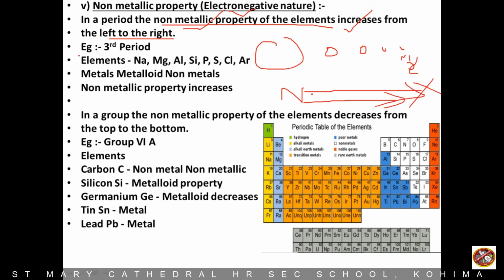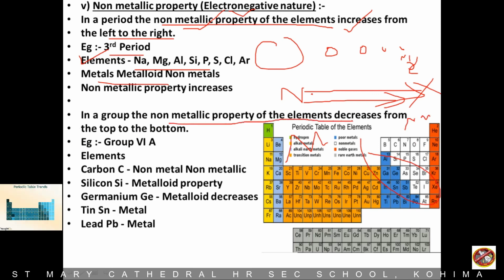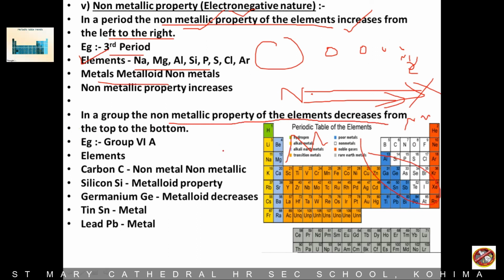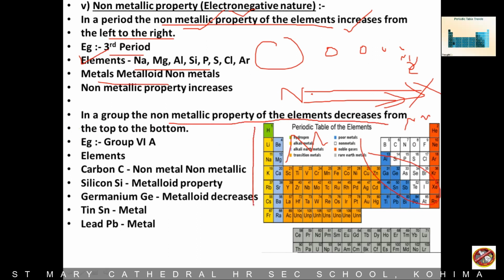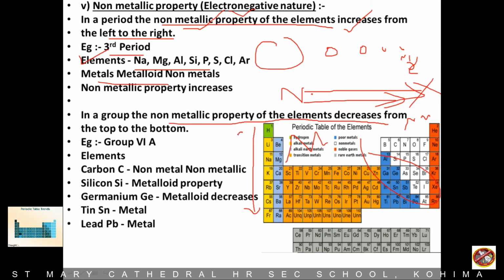If you want to see an example, try it out with period 3: it goes from metal to metalloid, halogens and non-metal. Now when we talk about a group, the non-metallic property of the elements decreases from top to bottom. Why?